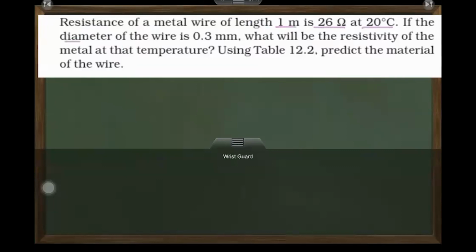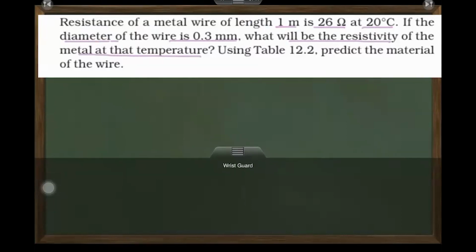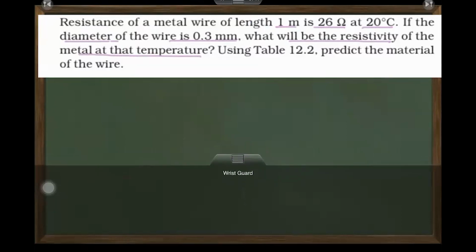If its diameter is 0.3 millimeter, what will be the resistivity of the metal at that temperature? Use the table. I'll show the table just after this problem, and then you can decide which kind of material it is.